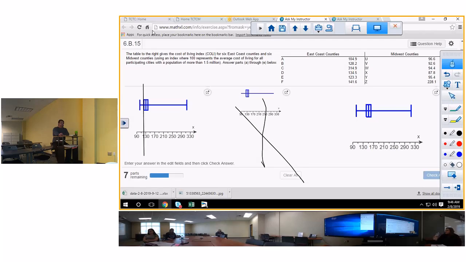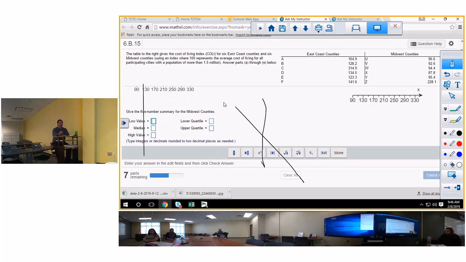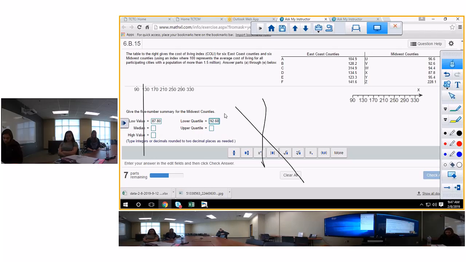Okay. All right, somebody give me the Midwest. Give me the low value. 87.8. 87.80. What is the median? We're going to do it the right way. What's the first quartile? 92.6. 92.60.